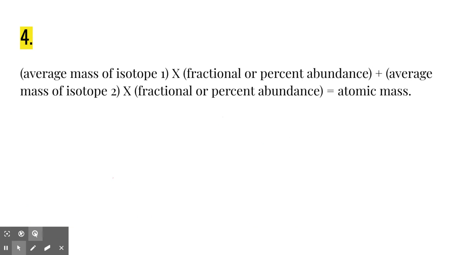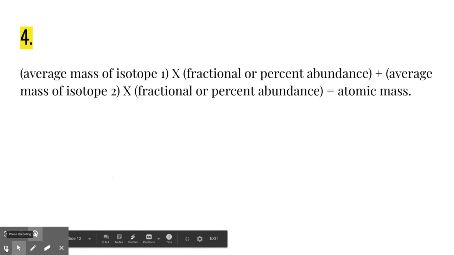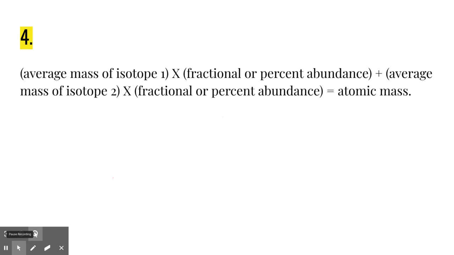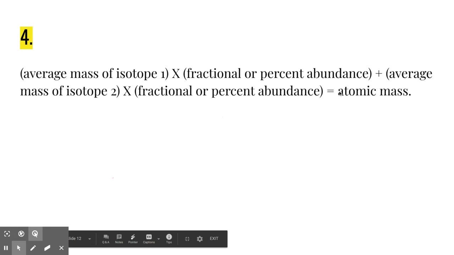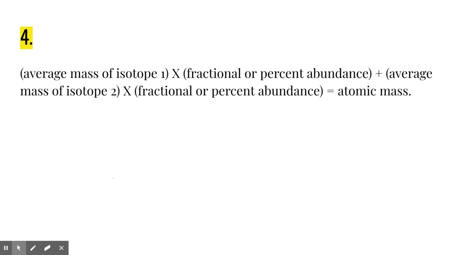Calculation number 4 says using the fractional abundance or percent abundance and the average atomic mass of each isotope, calculate the atomic mass of Pennium. So here is the equation or formula that I made for you to determine or calculate your atomic mass or your weighted average. So we're going to use our answers from calculation 2 and calculation number 3. So for our post, we said that the percent abundance was 80.